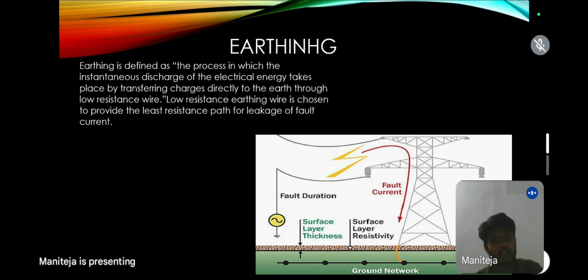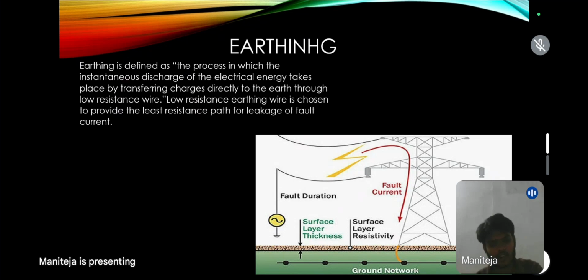In many transformers or wirings, fault current is sometimes generated. For discharging those fault currents, we use earthing. Instantaneously, the excess current in that line is discharged to the earth ground.